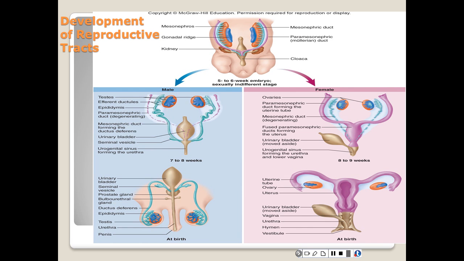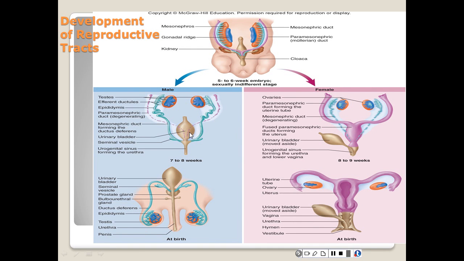Let's see where it is. Okay, so here we have the mesonephric ducts. You see at 7 to 8 weeks, they start to form the reproductive tract for the males. But you see right here, the paramesonephric duct starts to disintegrate.